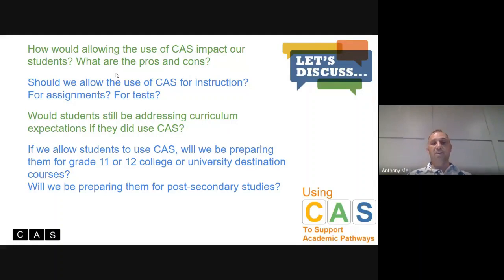And I would suggest that you don't necessarily want the computer algebra system to be a crutch, but a tool that they could use, as well as other ways of representing the algebra. So with paper and pencil, or with diagrams, or algebra tiles. There's lots of different ways we want students to access the algebra. Will we be preparing them for post-secondary studies? Maybe I'll leave that for you to discuss.